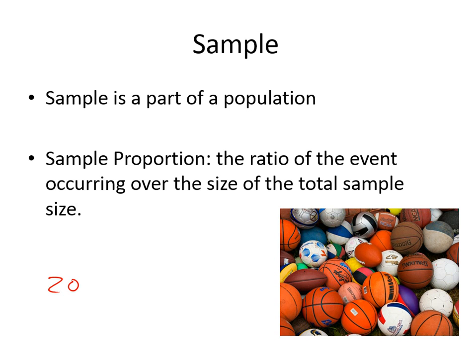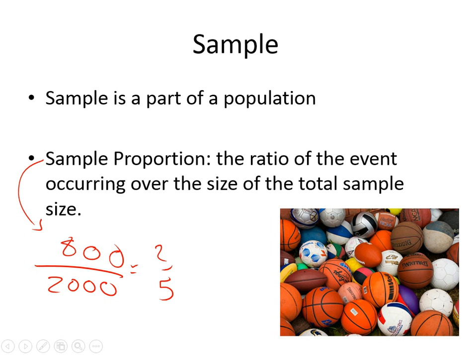Let's say there were 2,000 people, and 800 liked baseball. The sample proportion would be 800 over 2,000, which reduces to 2 over 5. So about 2/5 of the population likes baseball, about 40%. We took it from our sample.